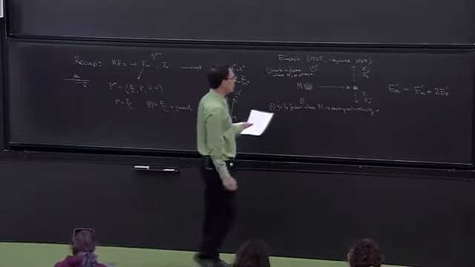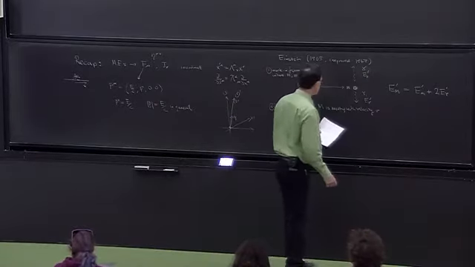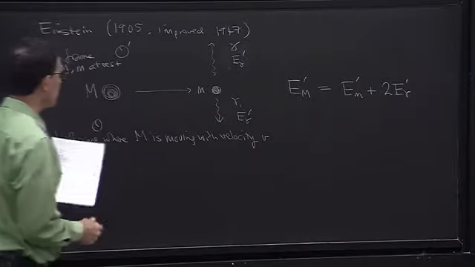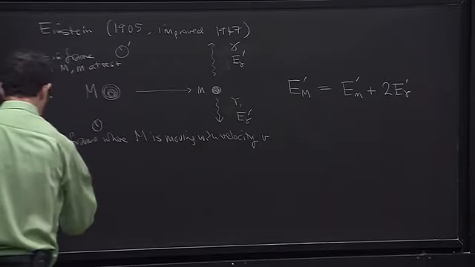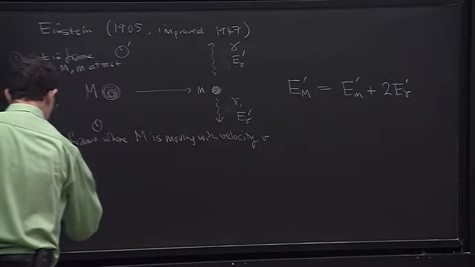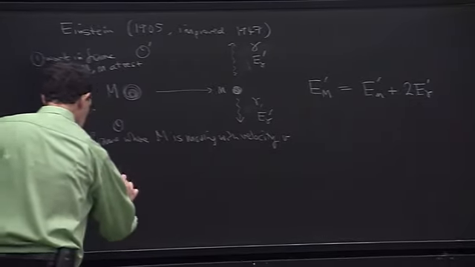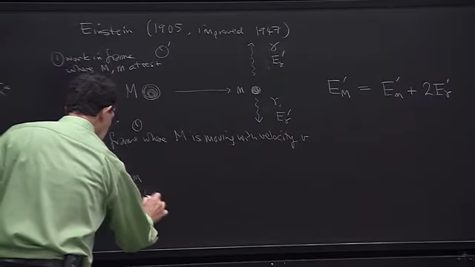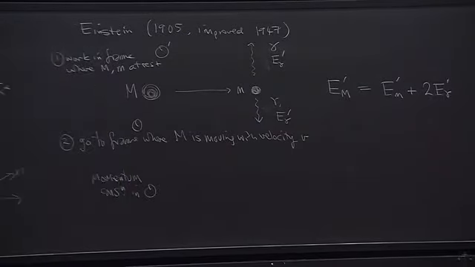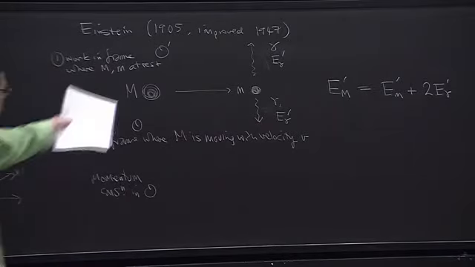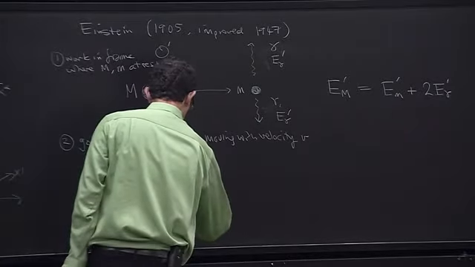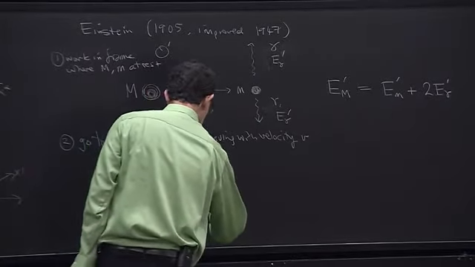Okay, so in this, what we're going to do is assume momentum conservation in O. Okay, so in O, the particle's got some momentum. Not just energy, it actually has some momentum. So we have this situation.